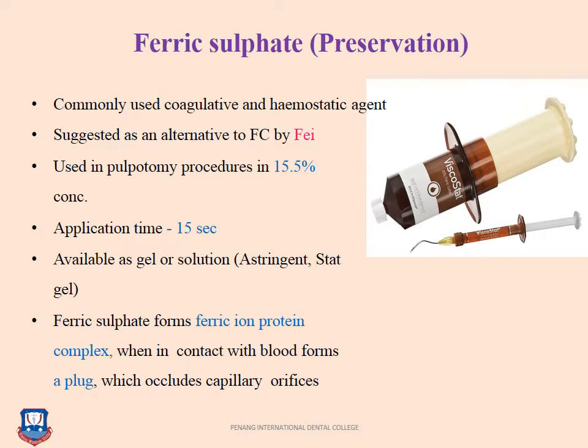Ferric sulfate forms a ferric iron protein complex when it comes in contact with blood, which forms a plug that occludes the capillary orifice. So when ferric sulfate comes in contact with the amputated pulp or the blood, it forms a ferric iron protein complex, and this complex forms a blood plug which occludes the capillary orifices.